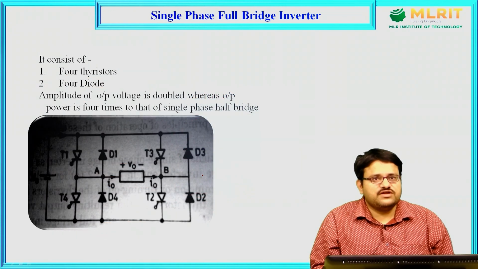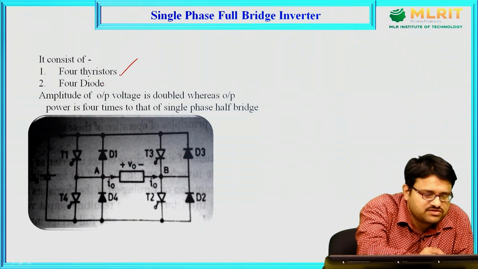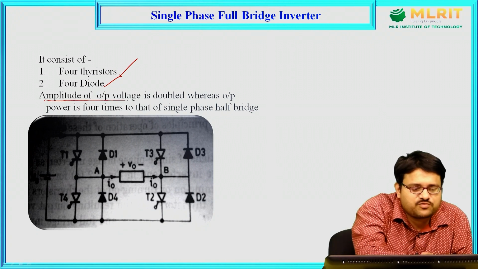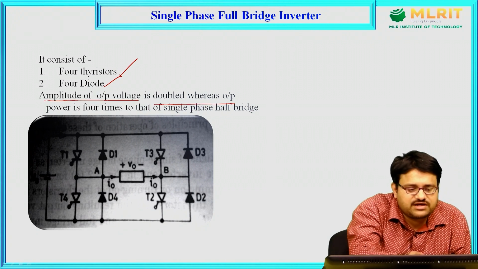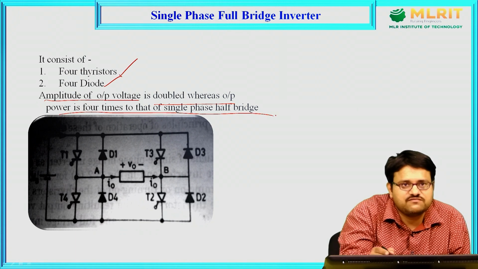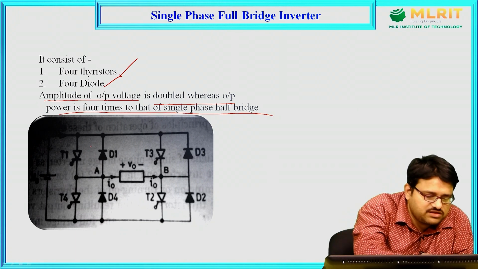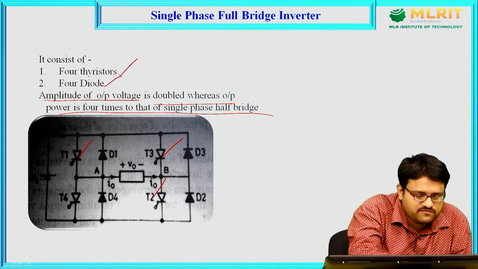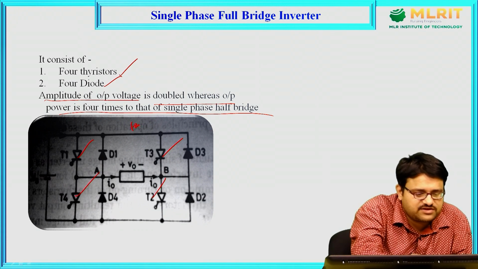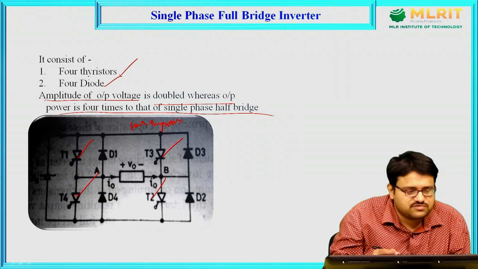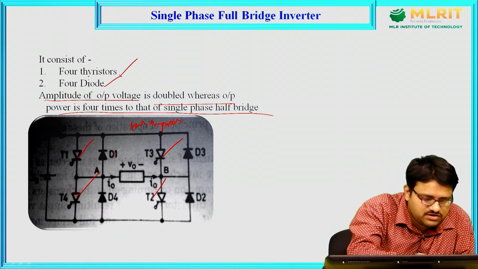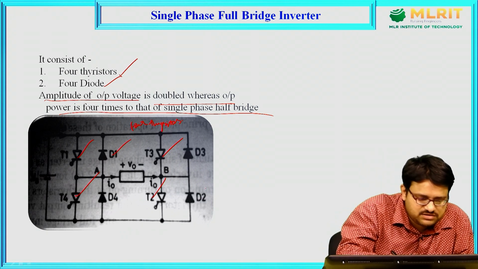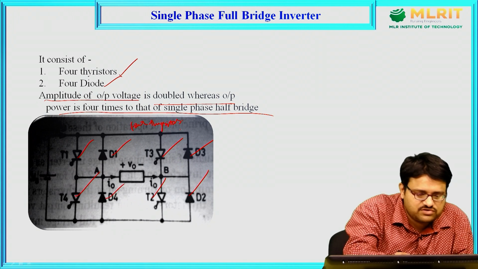Single phase full bridge inverter consists of 4 thyristors and 4 diodes. Amplitude of output voltage is doubled, whereas output power is 4 times that of the single phase half bridge inverter. So here there are 1, 2, 3, 4, total 4 thyristors, and 4 diodes, D1, D2, D3, D4.